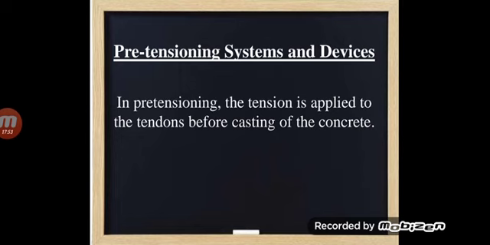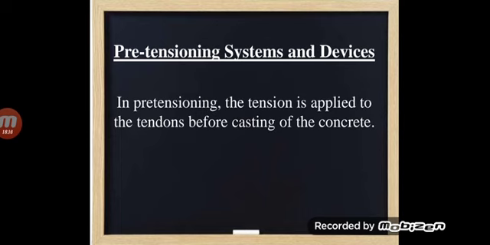Next, pre-tensioning systems and devices. In pre-tensioning, the tension is applied to the tendons before casting of concrete. Actually, we have already seen what is known as pre-tensioning and post-tensioning. This is one of the types of pre-stressing.